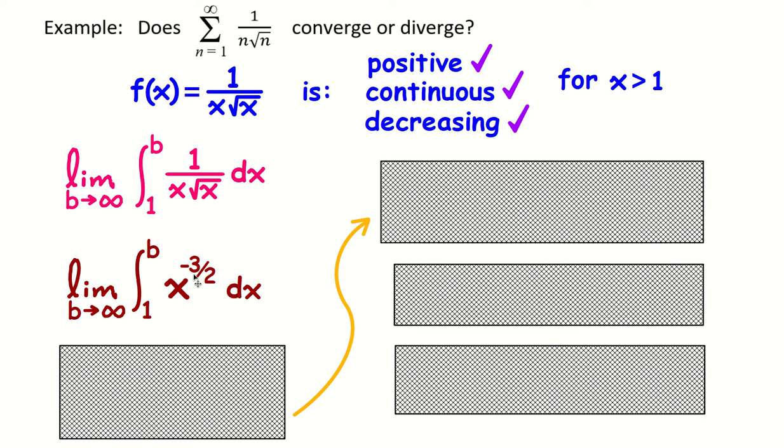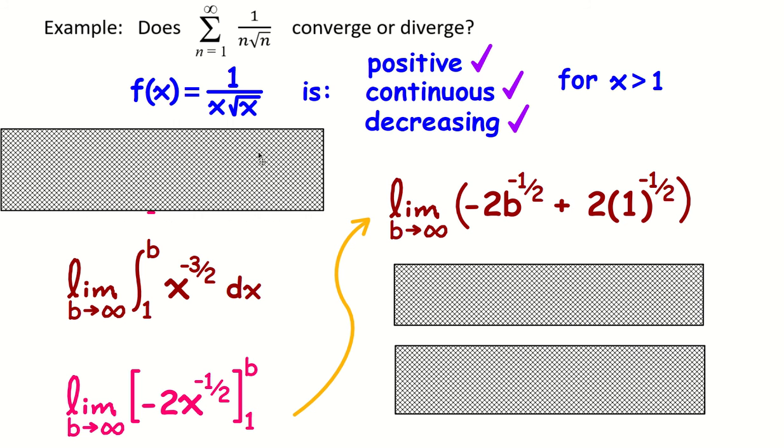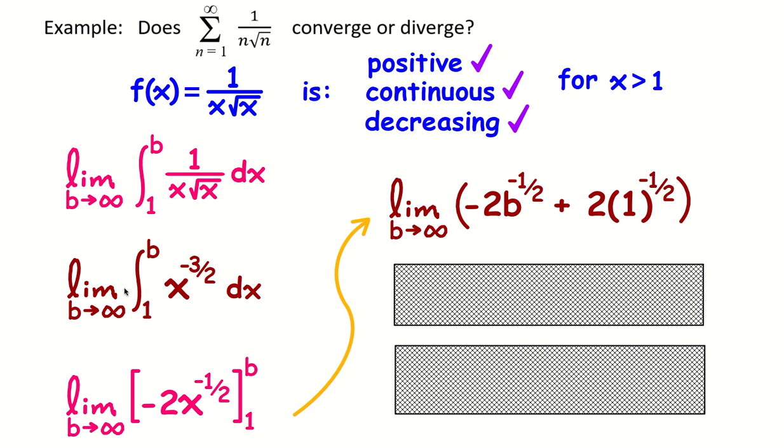I haven't integrated yet, I just rewrote this a little bit simpler. So that's integrated now. You bump up the power and then divide, right? I'm going a little fast, sorry, so you can pause as needed, but we've already learned last unit how to do improper integrals.